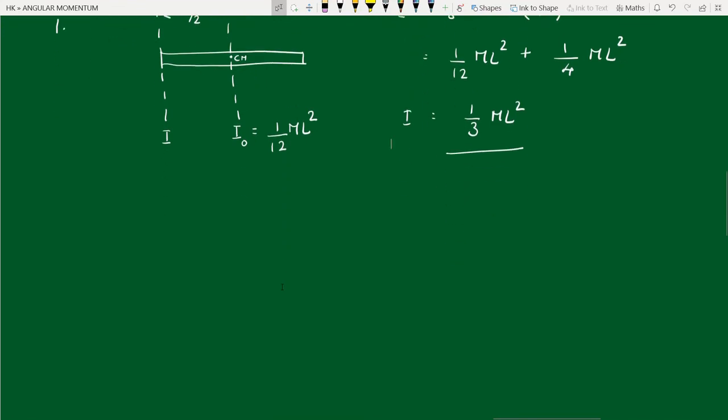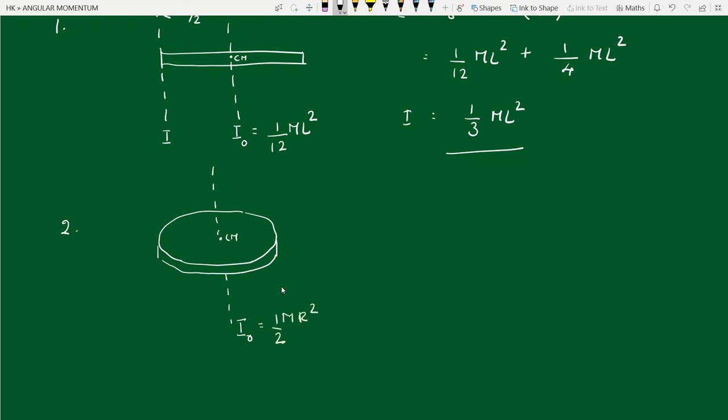And consider one more example. We have calculated the moment of inertia of a disc about a perpendicular axis passing through its center. For a disc, the center of mass is at the center of the disc, so this moment of inertia we can call I0. What was the value? Mr square by 2, so half mr square.